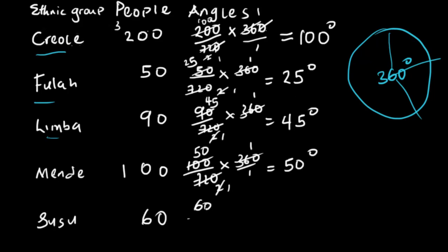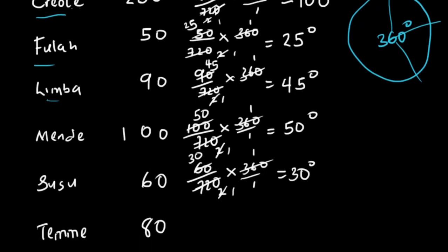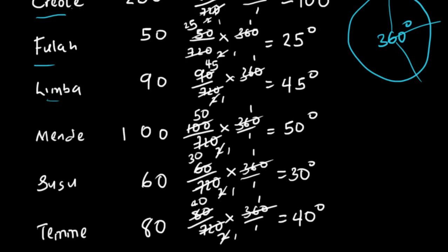Next, 60 over 720 times 360. 2 into 60 is 30. So we have 30 degrees. Next, 80 over 720 times 360. 2 into 80 is 40. So we have 40 degrees.